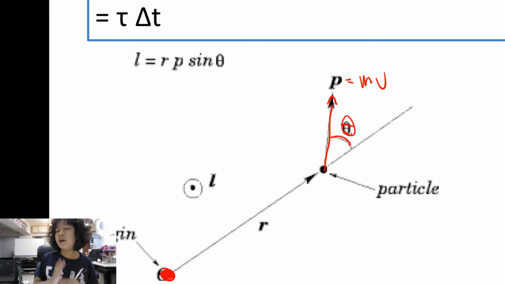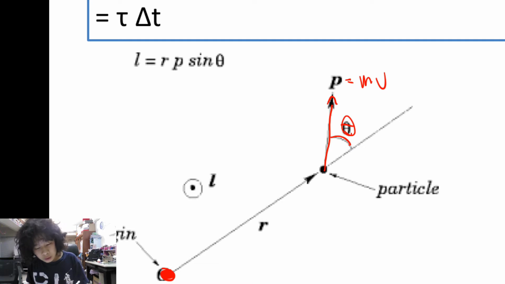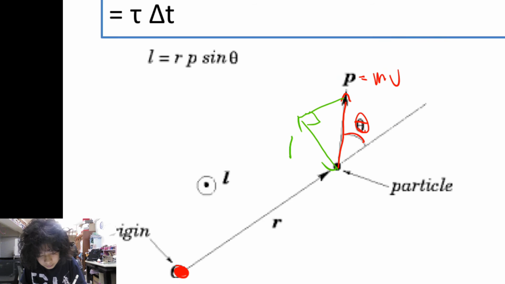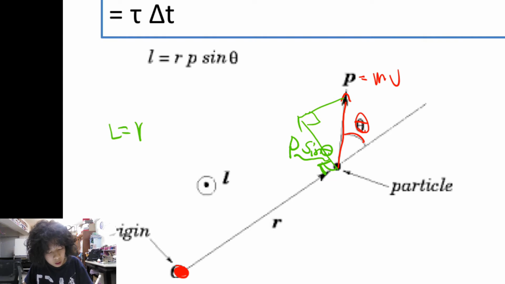And remember, the component of P used has to be perpendicular to R. So this distance, I use green, equals this distance, which is equal to P sine theta. So L equals R P sine theta, like that.